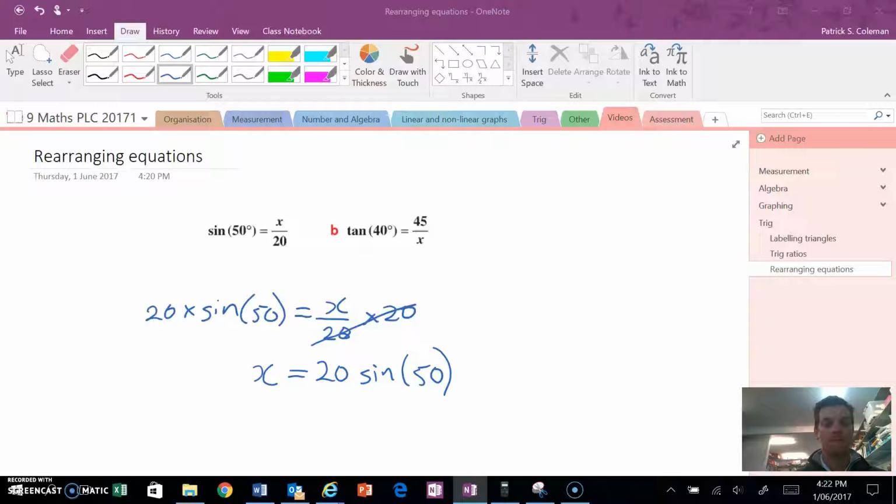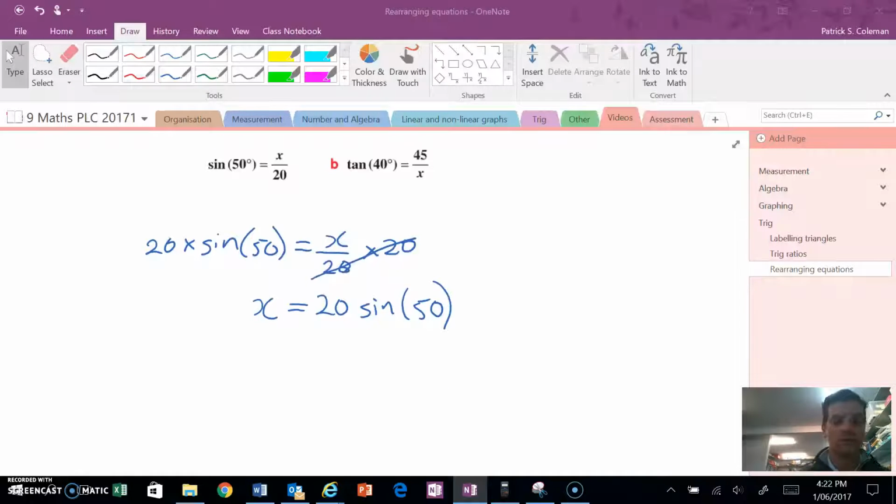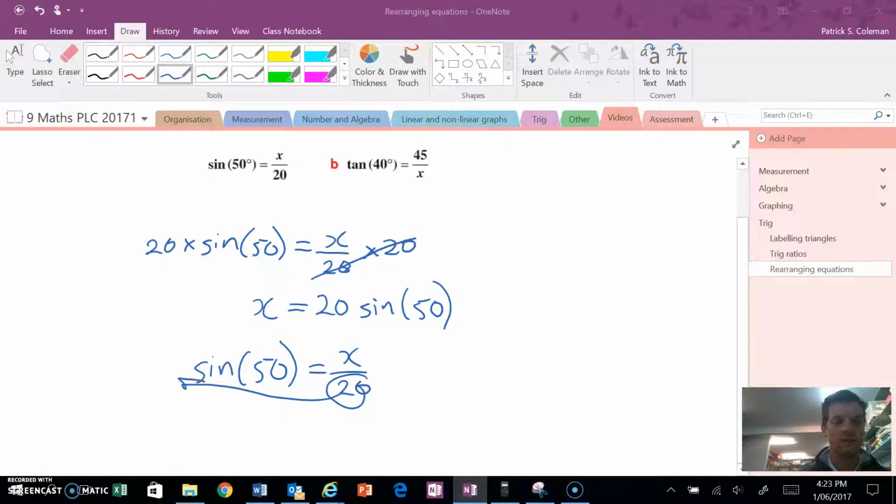So pretty easy there. Now the other way you can do this, if you're feeling somewhat familiar with what we've been doing, is you can change side, change sign. What we mean by that is when we have sine 50 equal to x over 20, we can change side, move the 20 across, but we have to change sign. At the moment, the 20 is being divided, so when we change the sign, we're going to have to times.